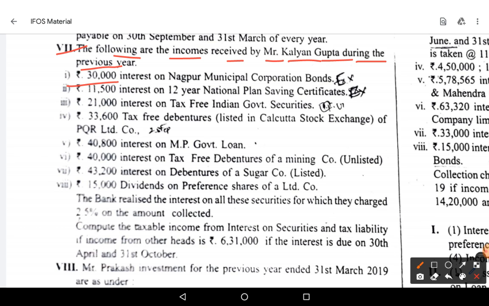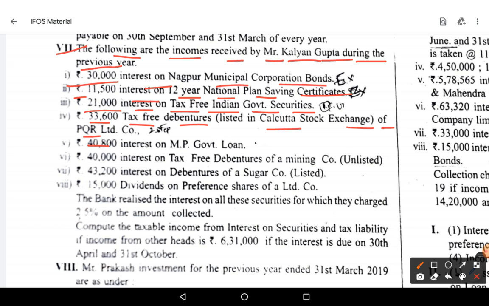Rupees 30,000 interest on Nagpur Municipal Corporation bonds. Second, 11,500 12-year National Plan Savings Certificate. 21,000 interest on tax-free Indian government securities. 33,600 tax-free debentures listed in Canada Stock Exchange of PQR Company Limited.